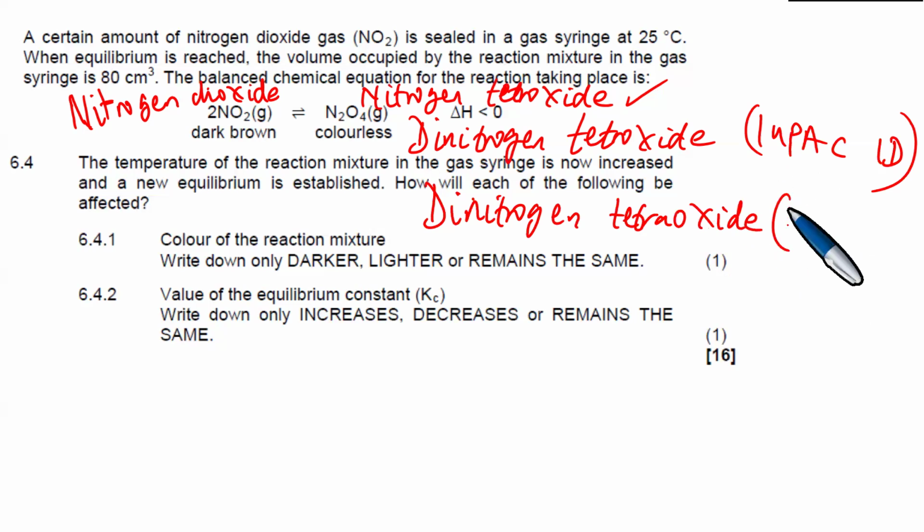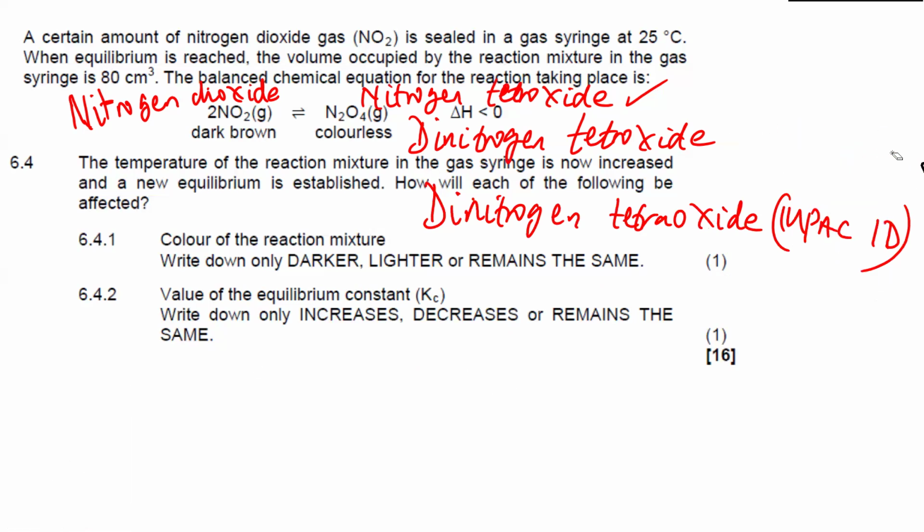That would actually be what we call the IUPAC ID, because tetra obviously means 4. Let's look at the next point. Let's answer the next question on this particular point.